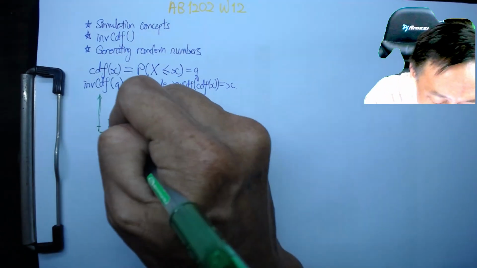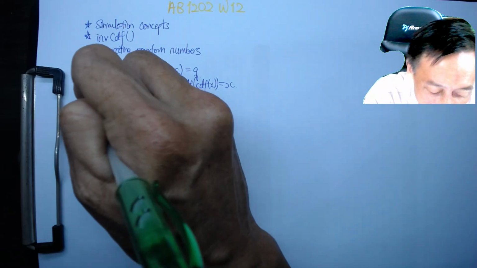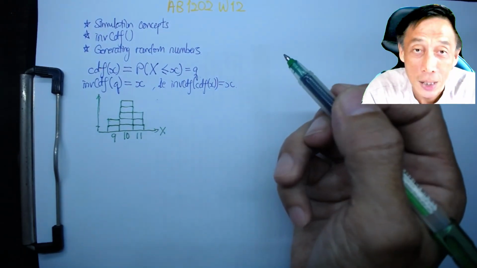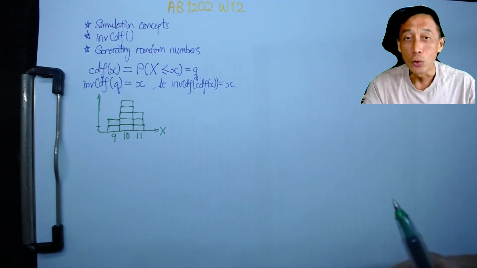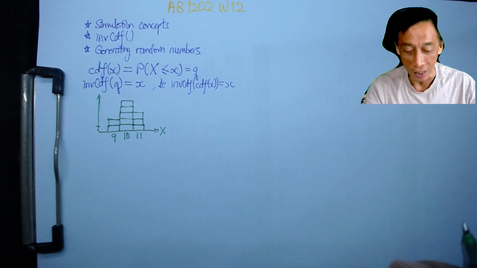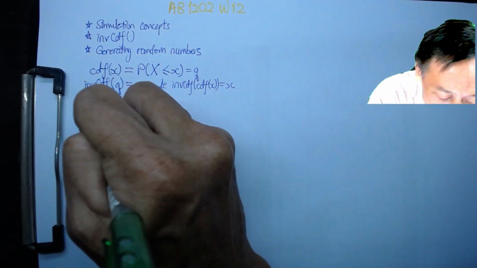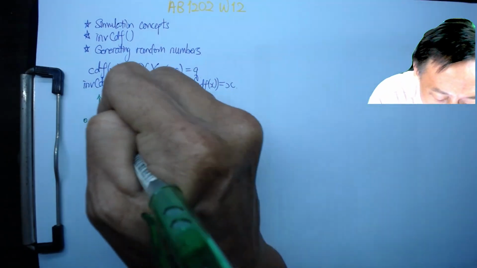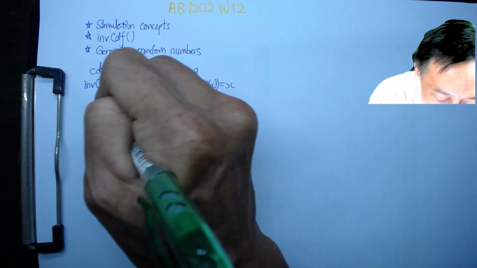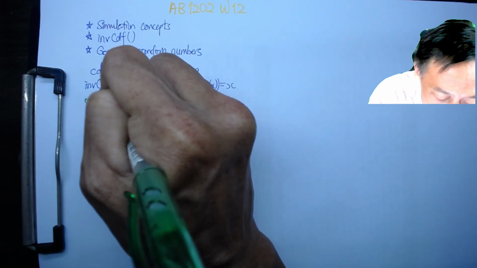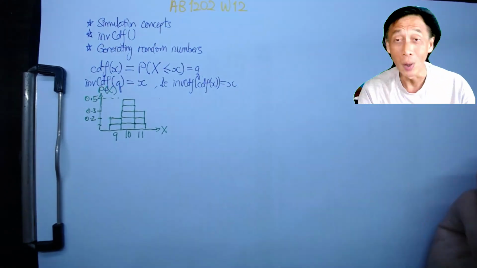So if I write it as frequency, this will be 1, 2, 3, 4, 5. But I choose to take it as a sample size of 10. So 2 divided by 10, basically that just means 0.2 and 0.3 and 0.5. So the probability of x is given by the y-axis.